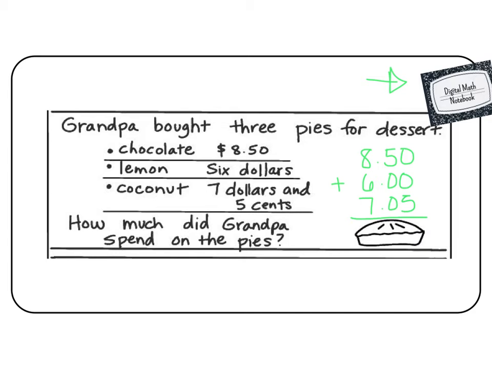So 0 plus 0 plus 5 is 5. 5 plus 0 is 5. 8 plus 7 is 15. 15 plus 6 is 21. So then our decimal drops straight down. So Grandpa paid $21.55 for 3 pies. Pause now to type this into your digital math notebook.